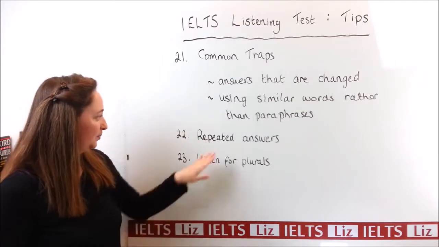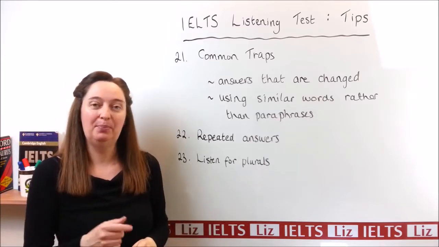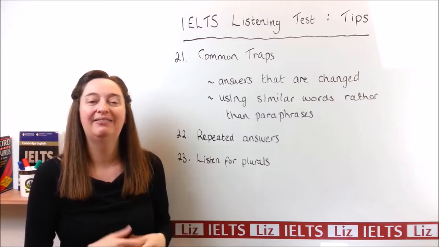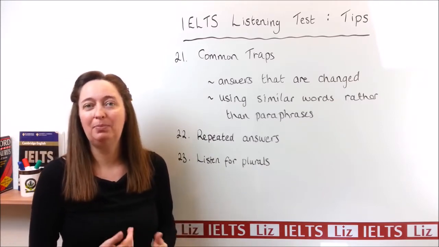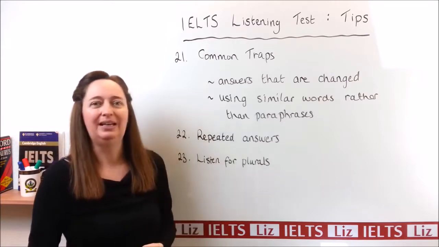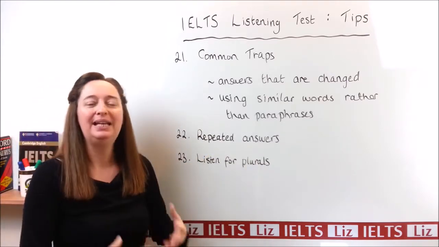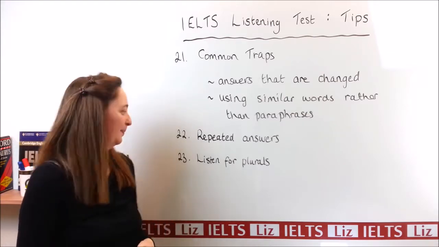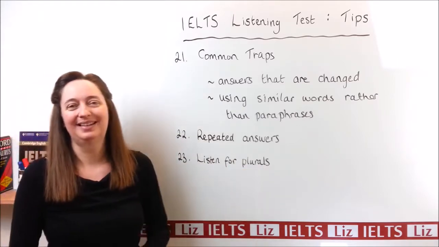Number 22, repeated answers. If you look, for example, at section 3, this is when we've got 3 or 4 people having a discussion. And of course, when you are discussing something, people might say, is this what you mean? Do you mean this? And the answer could be repeated again. And that can help you to locate the answer. Number 23, very important.